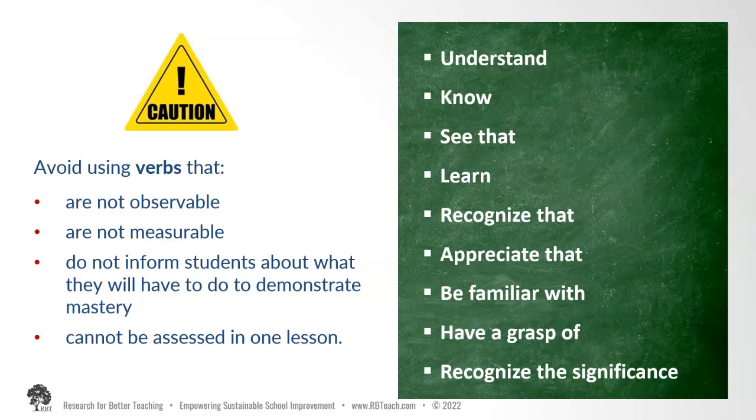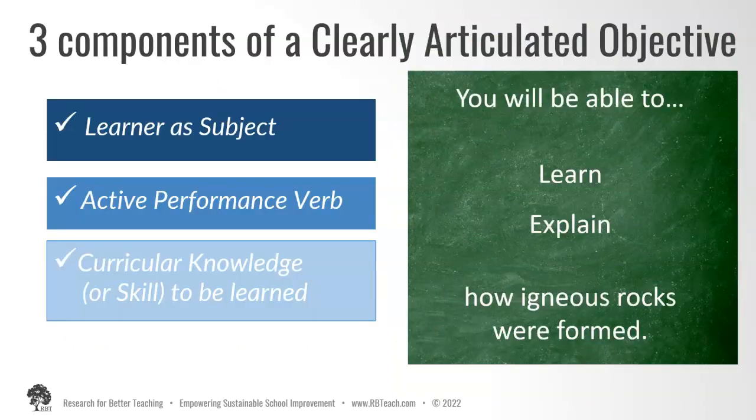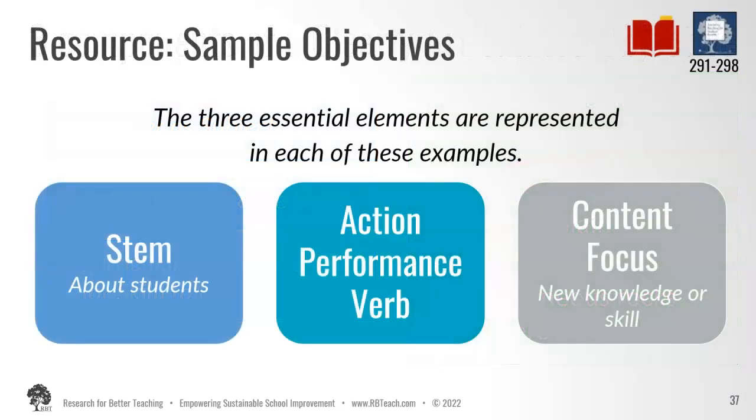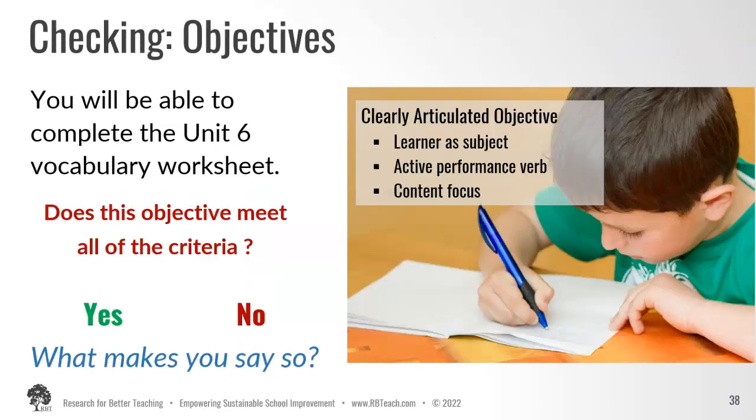So we want to avoid verbs like that when writing objectives, or when observing a lesson and the teacher has a posted objective, being aware of the language used in communicating that objective. So instead of learn, students will be able to explain, or you will be able to explain. So the three essential elements are the student, the action performance verb, and the content focus, new knowledge or new skill.